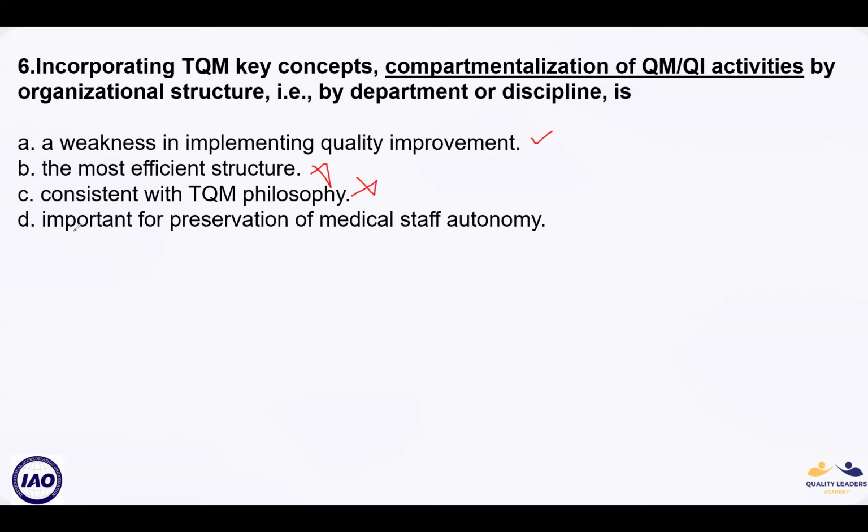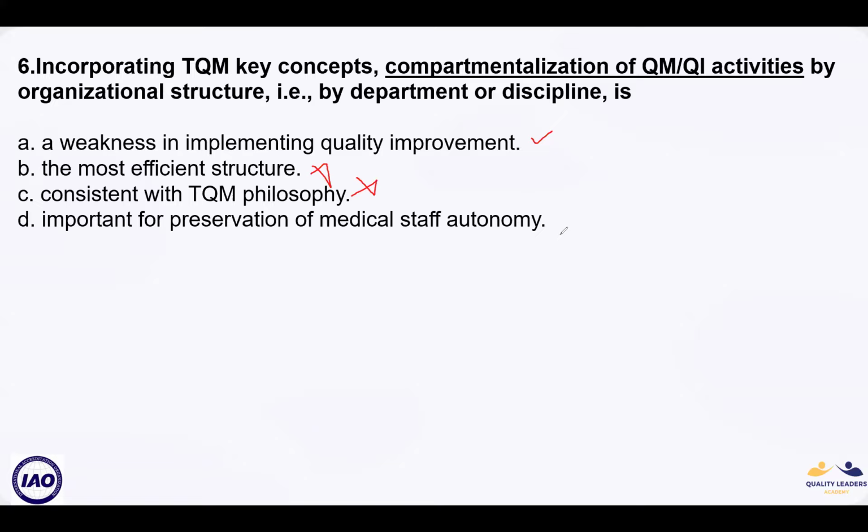And then compartmentalization is important for preservation of medical staff autonomy. In a way, yes, medical staff might like it, but it is not TQM aligned. We all know doctors, physicians, they value independence, but TQM requires shared accountability. Everyone is responsible.